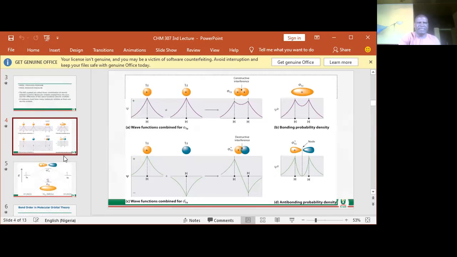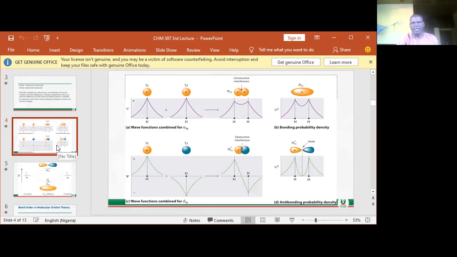If you look at the next slide that we have, that is slide 4, you will see the figures there. One s atomic orbital plus another s atomic orbital. That is a wave function of a combined sigma 1s.